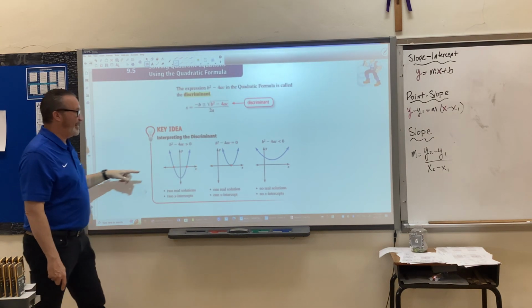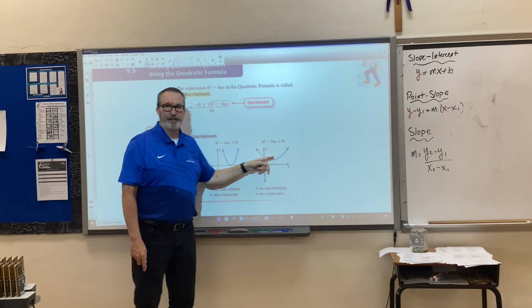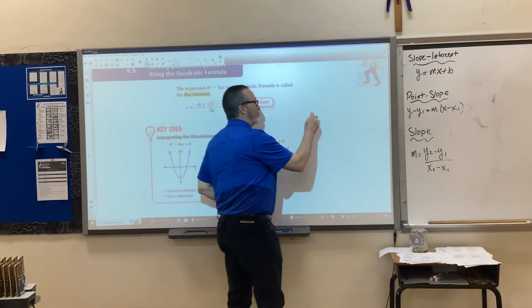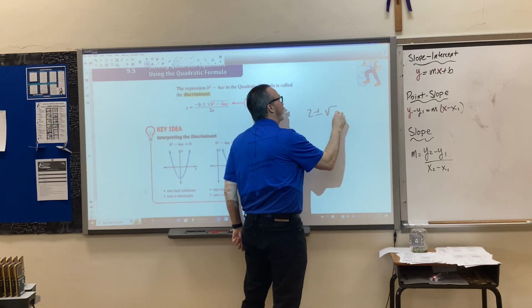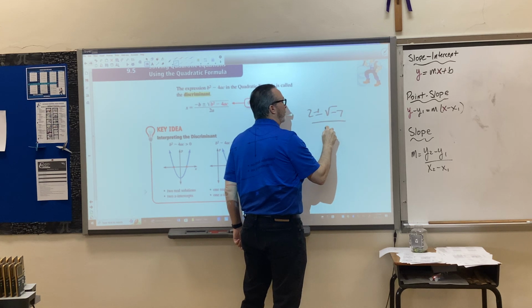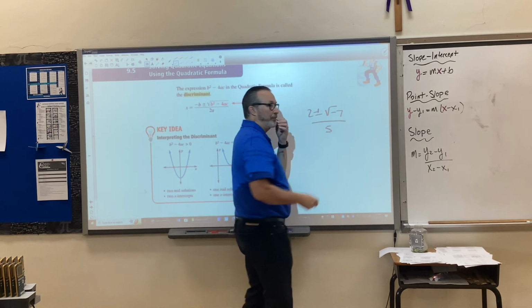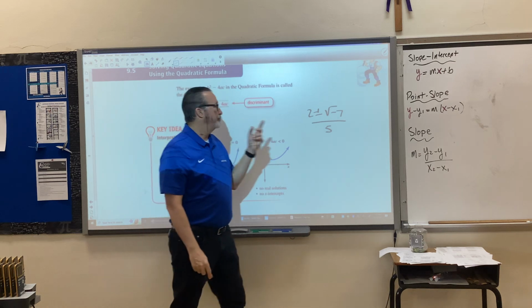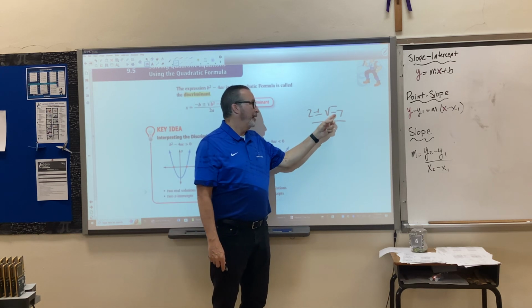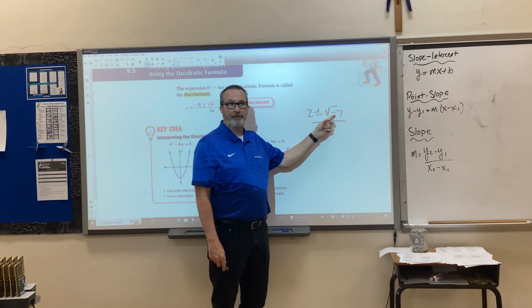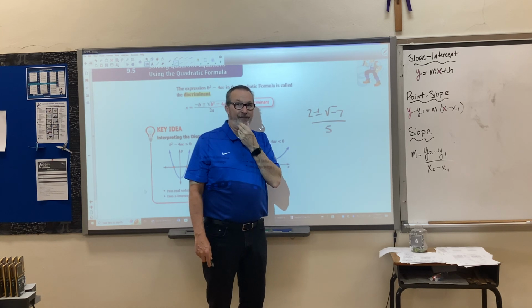When the discriminant is negative, that means you're taking the square root, so you might have something like 2 plus or minus the square root of negative 7 all over 5, whatever. Right? Probably wouldn't be 5 because it's 2a. What is the square root of negative 7? What's the square root of any negative number?